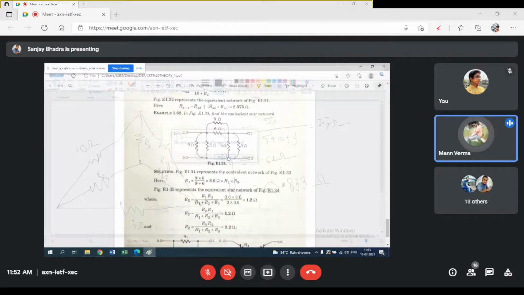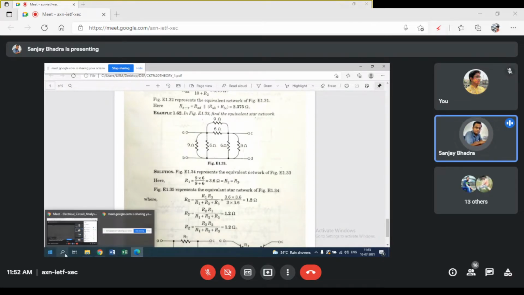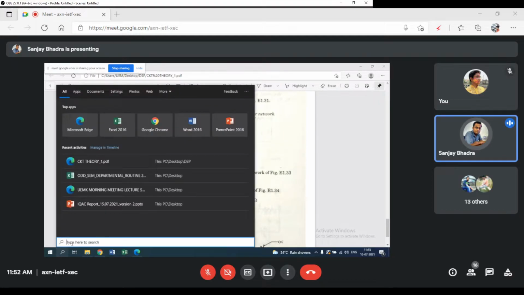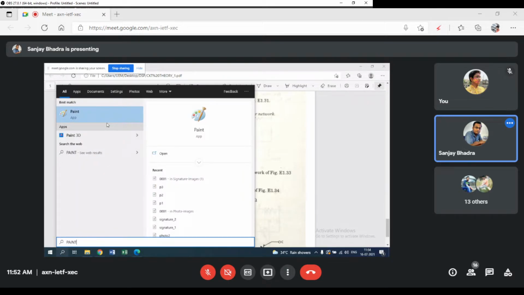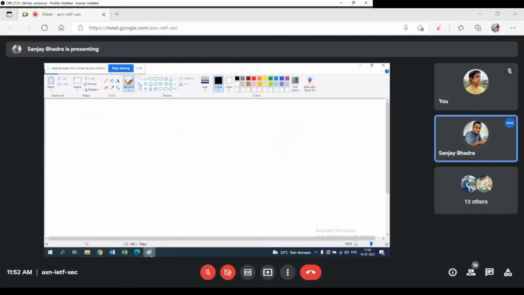Sir, can you show the figure once? Yeah, sure. Can you see my screen? Yes, sir. Okay, just hang on. Let me open Paint once again, because it's better to open a new window. The problem is that over here you have a network like this.